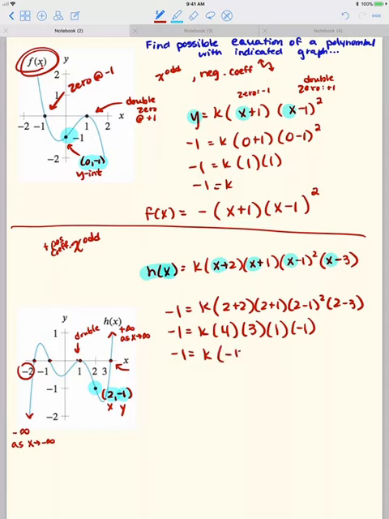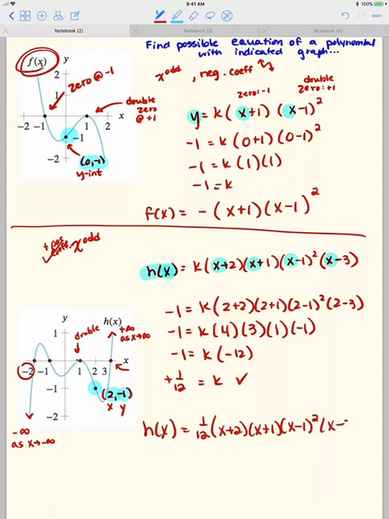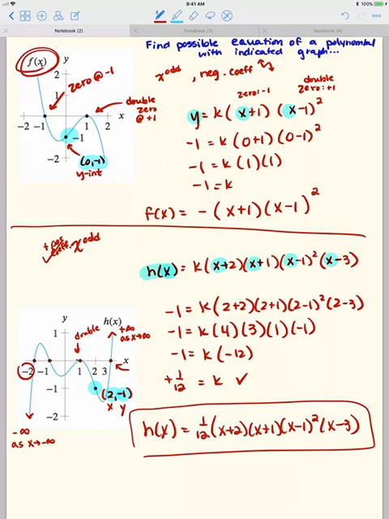That becomes -12, and the constant is positive 1/12, which is what we needed it to be, positive. So our function is 1/12 times x plus 2 times x plus 1 times x minus 1 squared times x minus 3, and you are most welcome to leave it factored in that form.